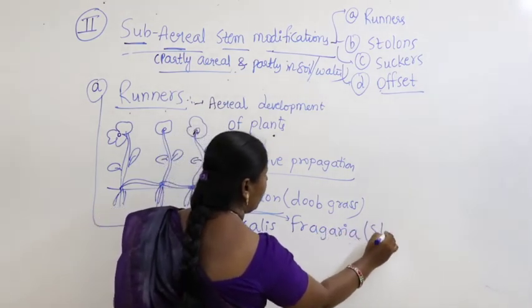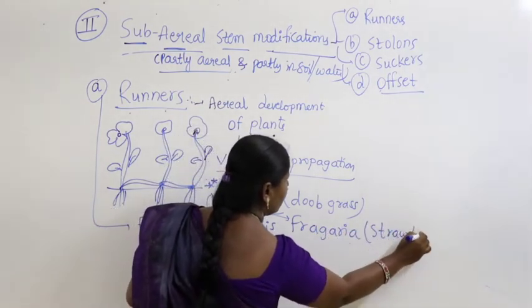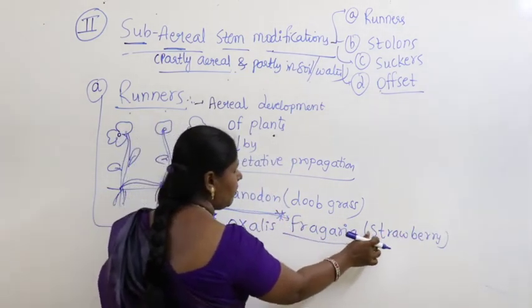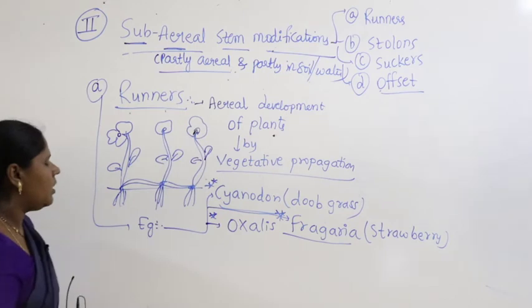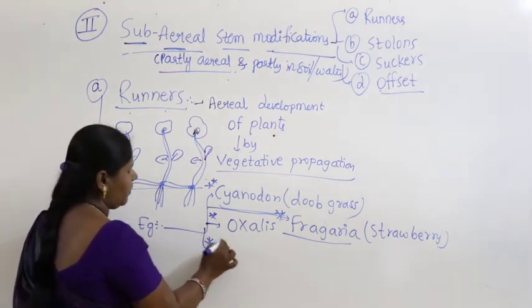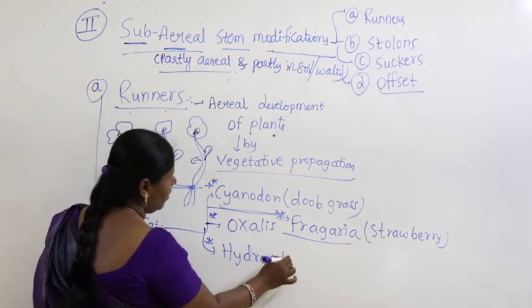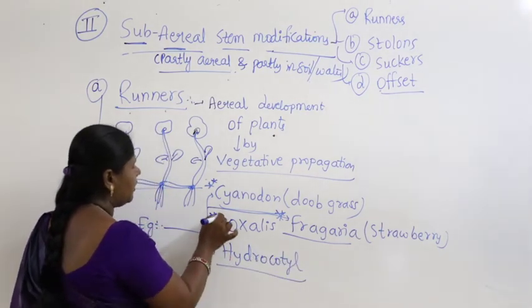Fragaria is commonly called strawberry. Oxalis, and hydrocotyle.